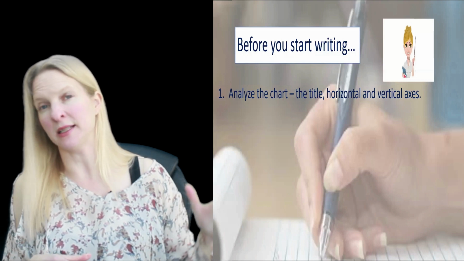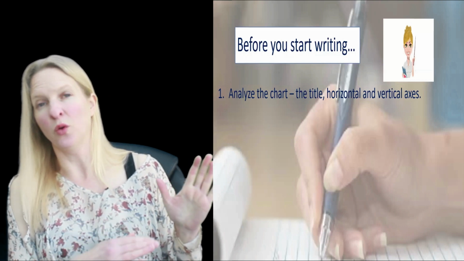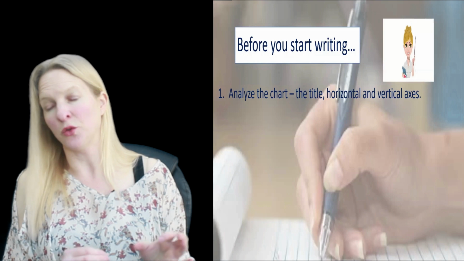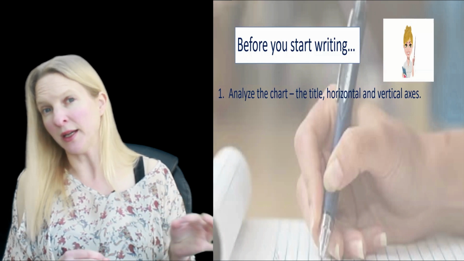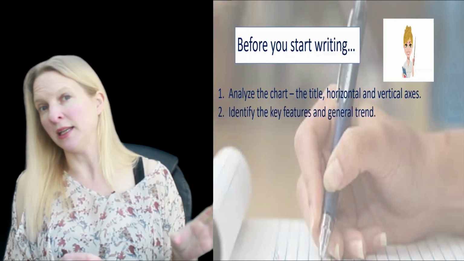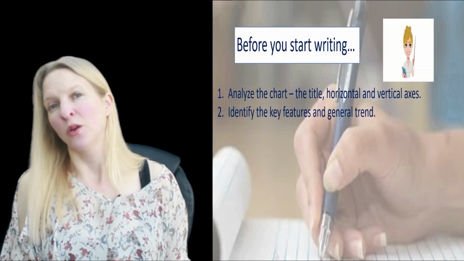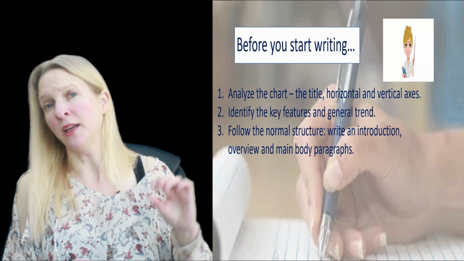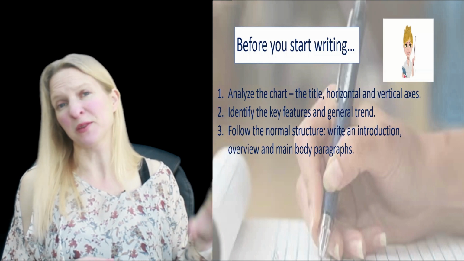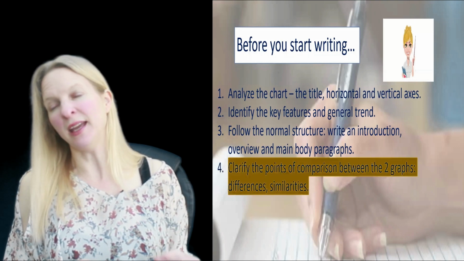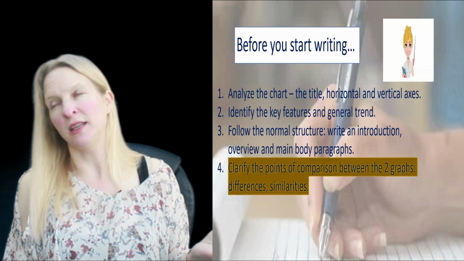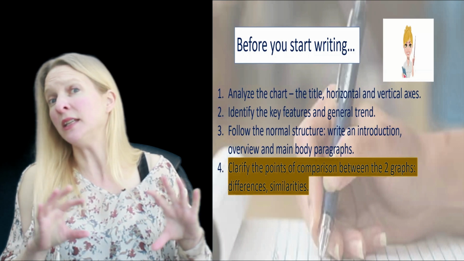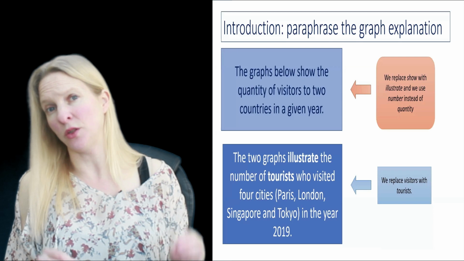You're looking at the axes, the vertical and the horizontal axes in each graph, and you're identifying the key features in each one. When you write your text, you follow the normal format. So you have your introduction, overview, main body paragraphs 1 and 2, and then you are presenting the key similarities and the key differences between these two graphs.